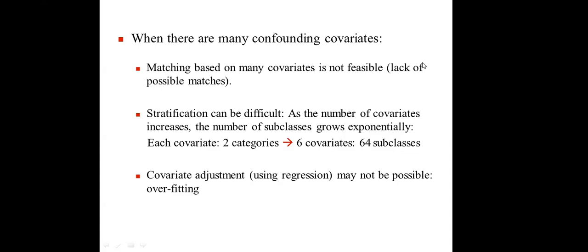And finally, covariate adjustment using regression is used all the time. However, you might run into the case of overfitting. In logistic regression, where you're predicting an outcome, yes or no, you take the smallest group of the yes and no's, and you are allowed, in general, various people say, somewhere between 10 and 20 cases in that smallest group per covariate or per variable you're going to use in regression.